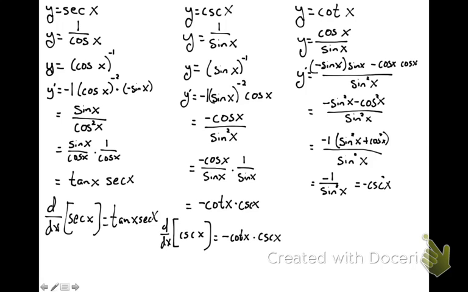So what we've proven is that the derivative of cotangent x equals negative cosecant squared x.